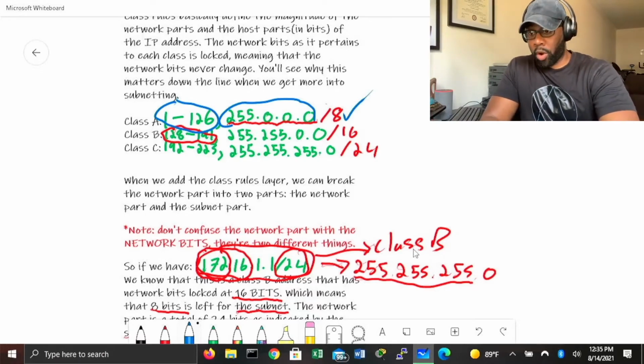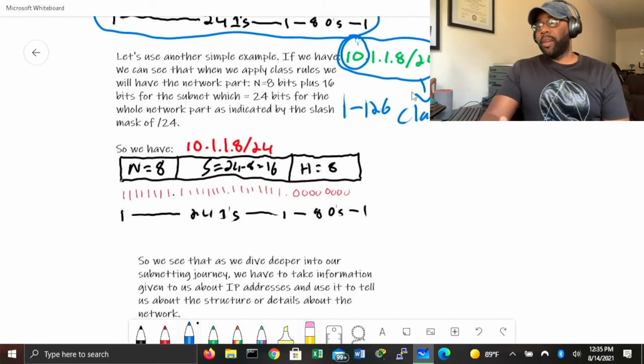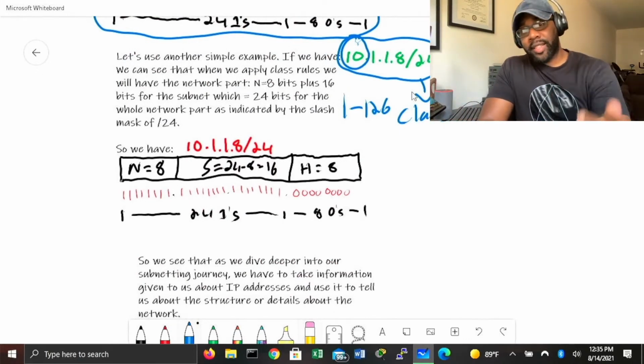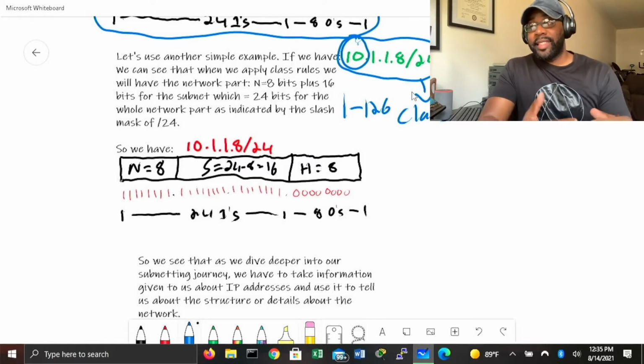And that's the default. That's just the way it is. So now we have another simple example. If we have 10.1.1.8/24, we can see that when we apply class rules, we'll have the network part, N equal to 8 bits, plus 16 bits for the subnet, right?